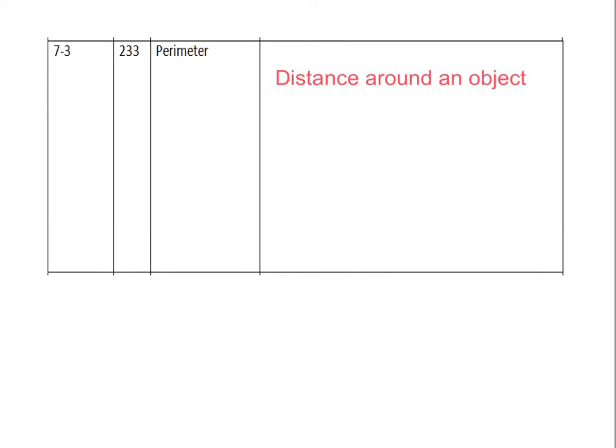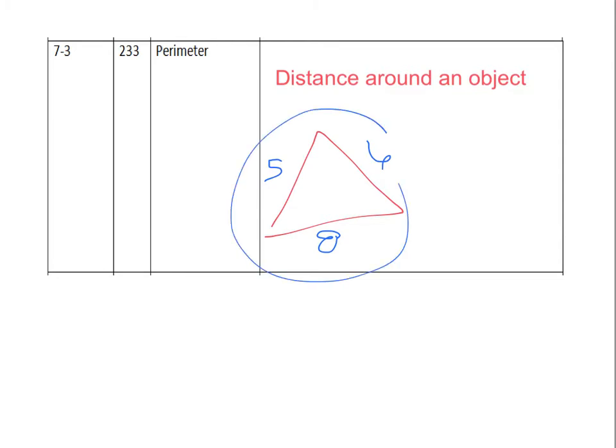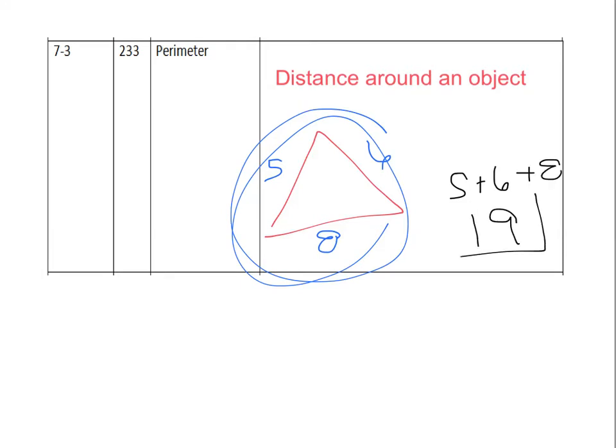Okay, so for example, if we had this triangle, and say this side was 5, this side was 6, this side was 8. The perimeter is all the sides added together, so distance around. So you just take 5 plus 6 plus 8, okay, you'd get 19 feet, miles, meters, whatever the unit is. Okay, so that's what perimeter is.